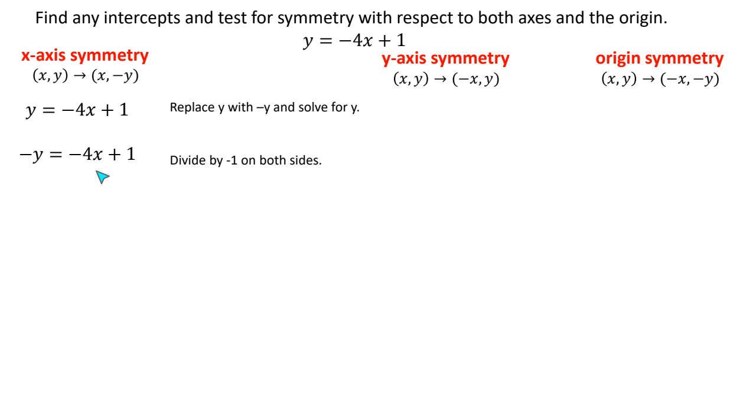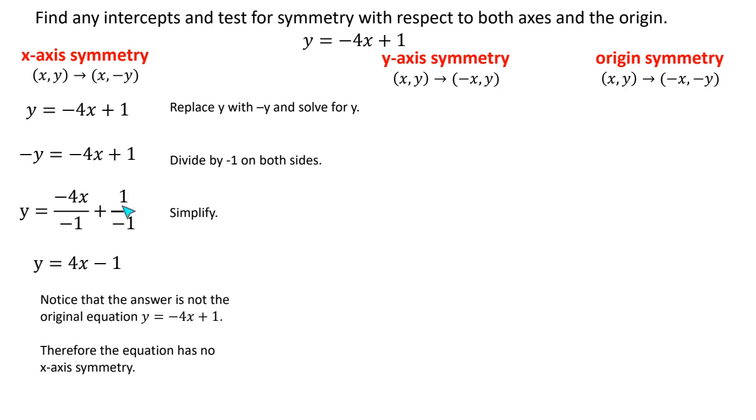So if I divide by negative 1 on both sides, then I end up with y equals negative times negative, which would be positive, and positive divided by negative would be negative. So if we compare the equation that we got here, is it the same as the original equation? So here we have y equals 4x minus 1. The original was negative 4x plus 1. They are not the same, therefore there's no symmetry for the x-axis.